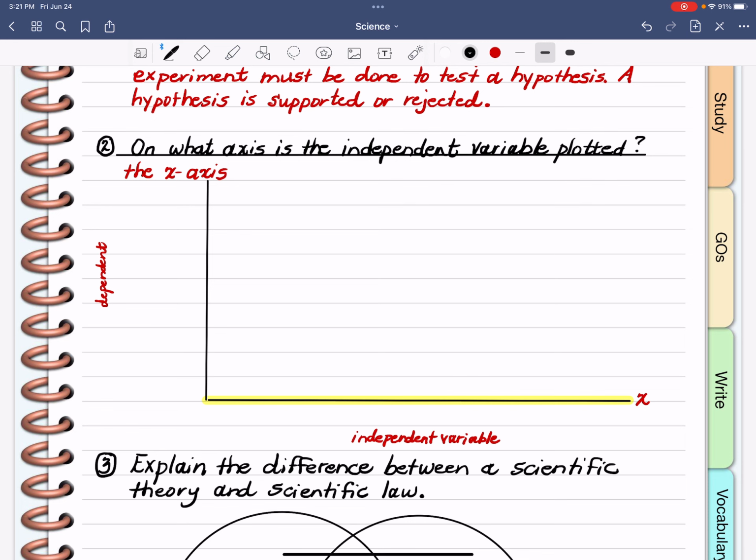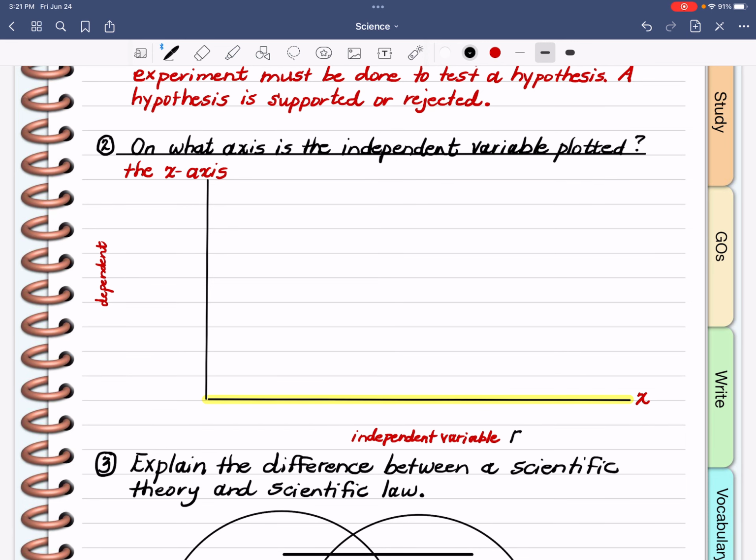So the independent variable in my graph here is going to be a blood pressure drug, and I'm going to measure that in milligrams. That's the thing that the researcher can control. The doctor can control the amount of the blood pressure drug that he prescribes, and Sam can control the amount that he takes.